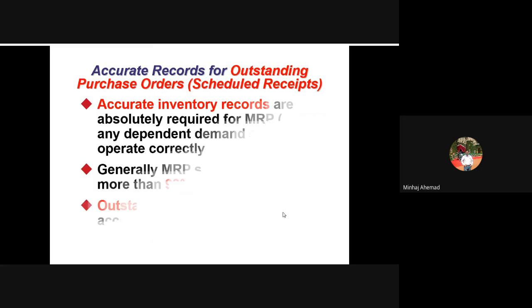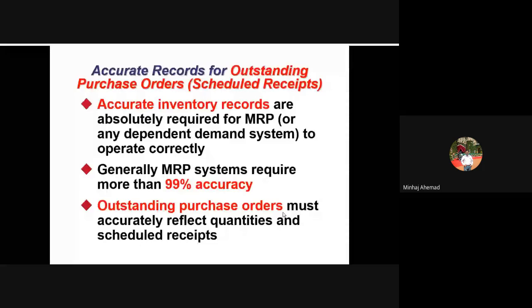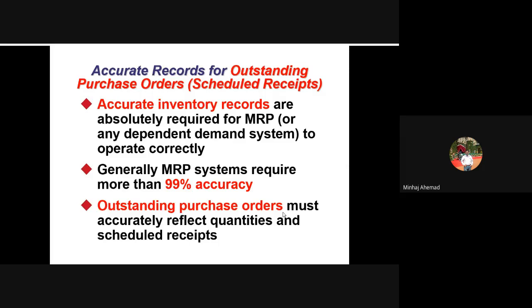So this is another input to MRP, that is, outstanding purchase orders, which are scheduled receipts. Accurate inventory records are absolutely required for MRP or any dependent demand system to operate correctly. So it reflects the quantities and scheduled receipts. We should be accurate.